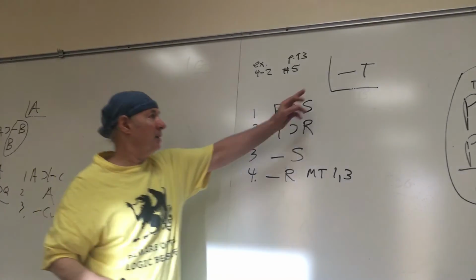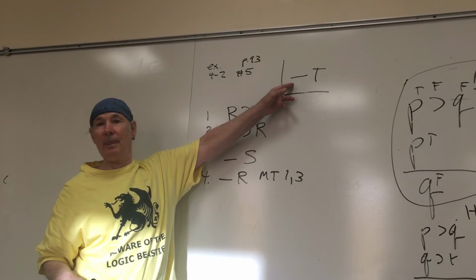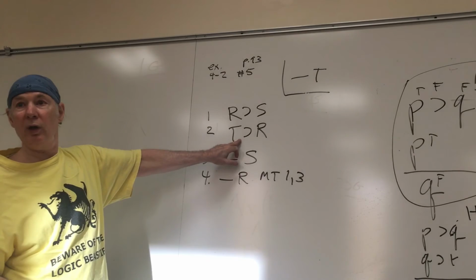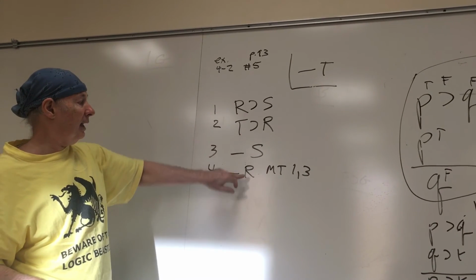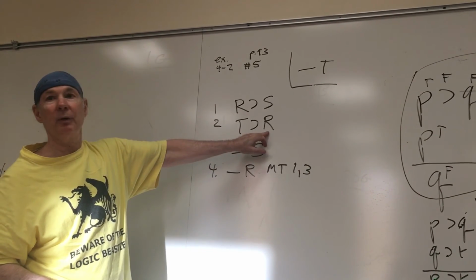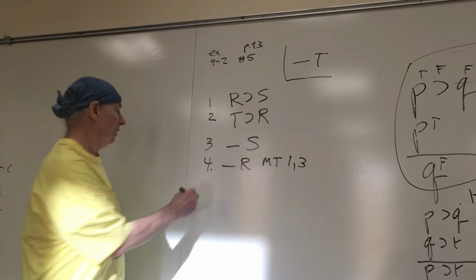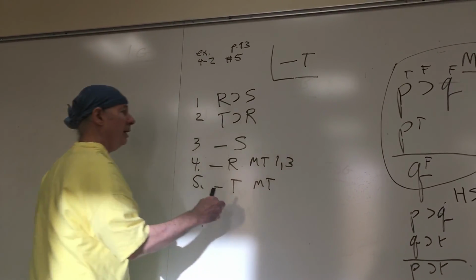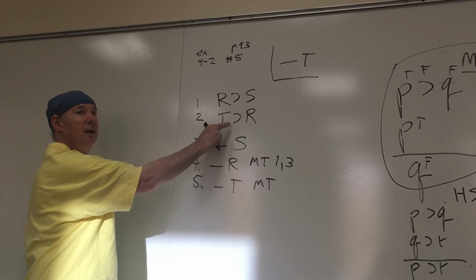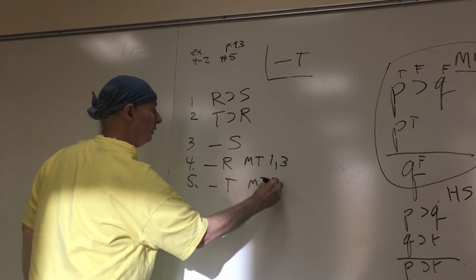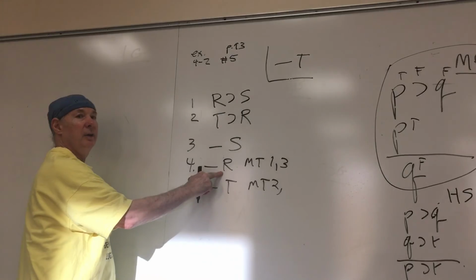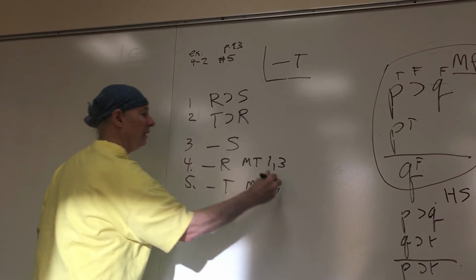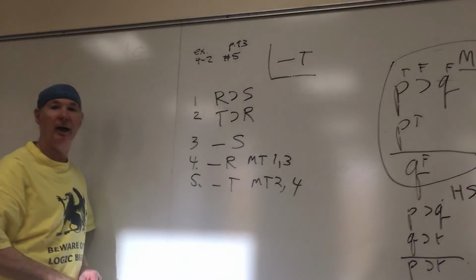Now I can get squiggle T, because I have the horseshoe, and I have the opposite of the right-hand side. So I can get squiggle T by MT using that horseshoe and the opposite of the right-hand side. And I'm done.